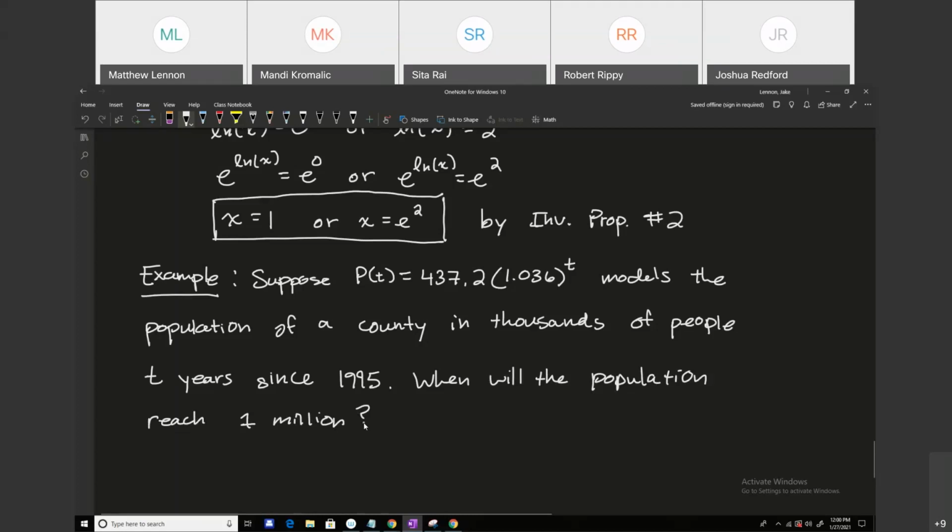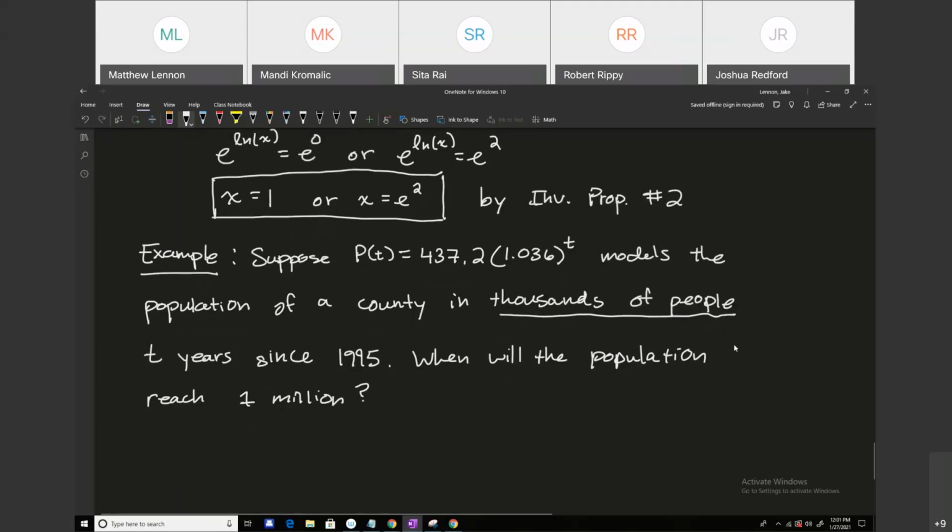So again, P of t is what's standing for a population. So essentially, we want to set P of t equal to something. One thing to watch, though, is notice that this is in thousands of people. So we're not going to set P of t equal to 1 million, right? It needs to be a certain number of thousands.